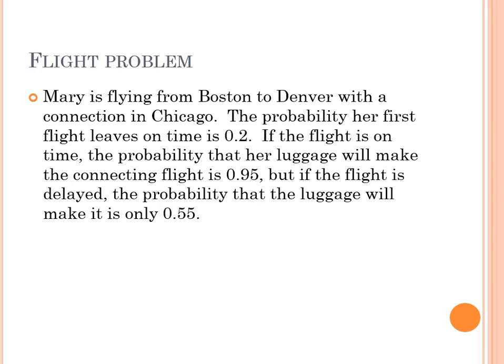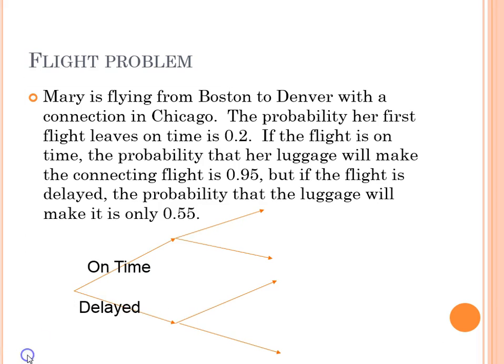So if the flight is on time, the probability that her luggage will make the connecting flight is 0.9. But if the flight is delayed, the probability that her luggage will make it is smaller. So knowing that the flight is on time or delayed affects the probability that her luggage makes it. And so therefore these events are dependent.